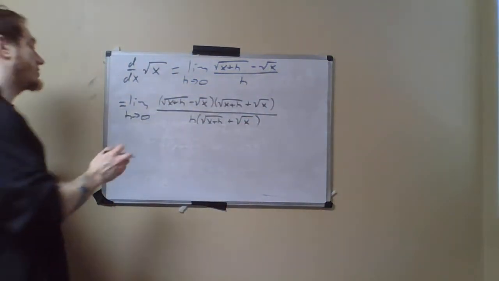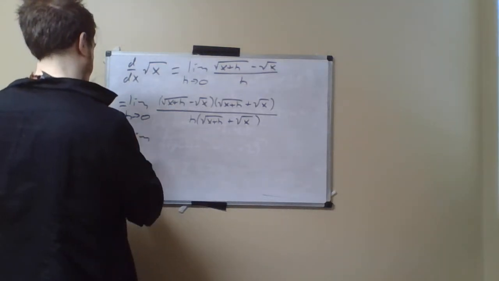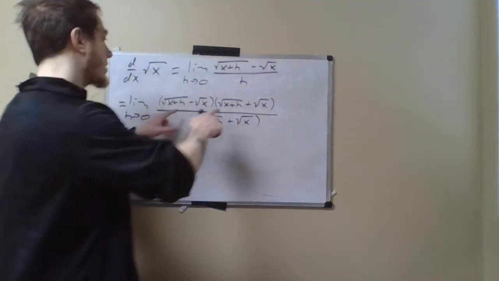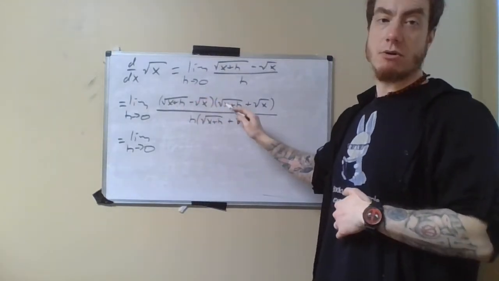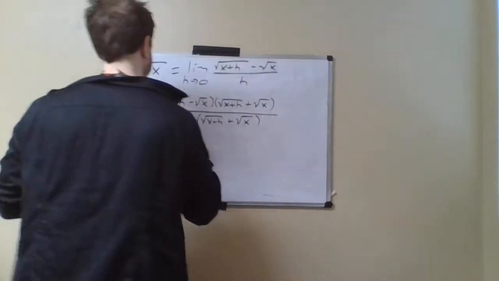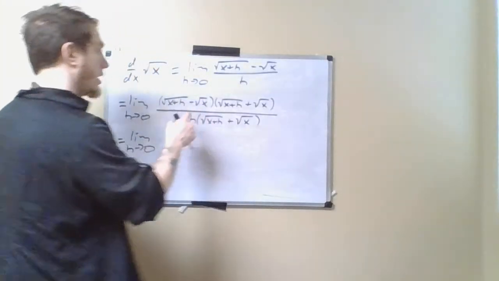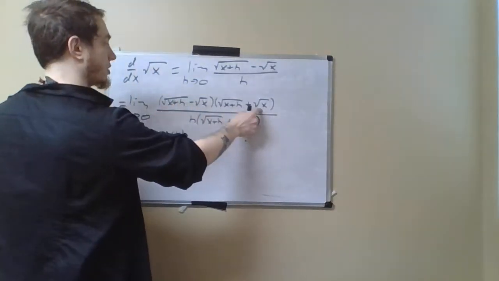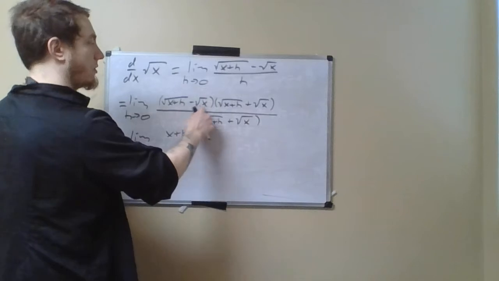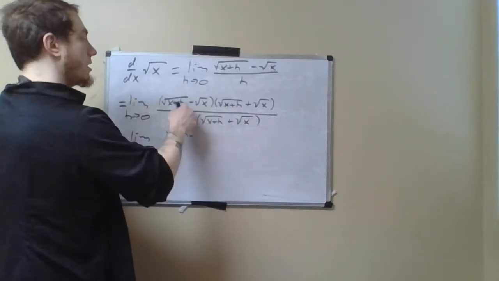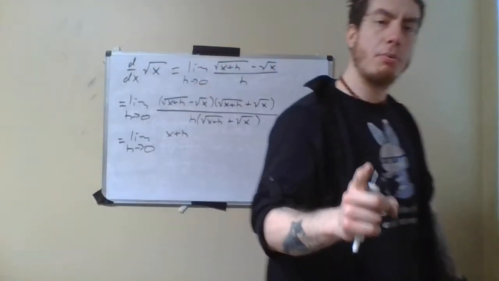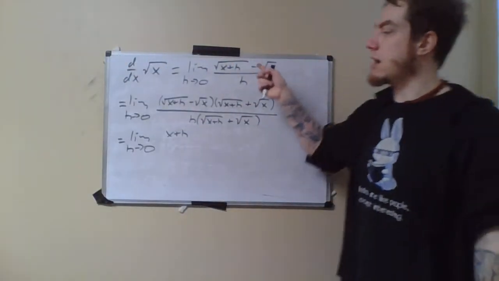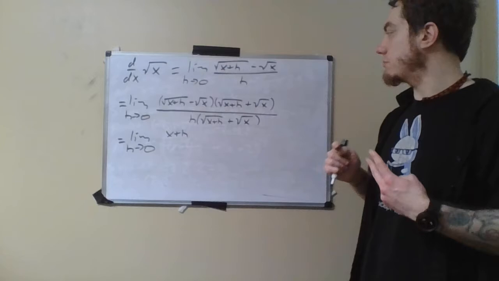Now the reason I want to do this is because when I cross multiply this, square root of x plus h times square root of x plus h is going to give me x plus h. Square root of x plus h times square root of x and negative square root of x times square root of x plus h, those cross terms cancel. Remember, that is the whole point of multiplying something by its conjugate. It's so that the cross terms cancel.